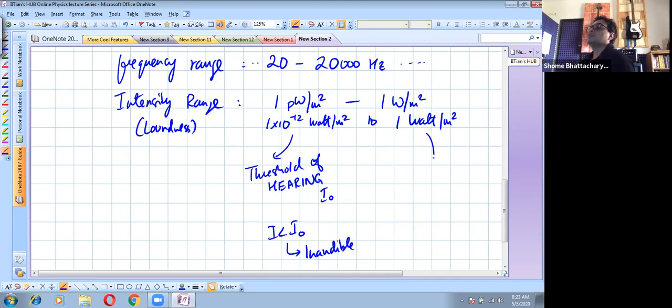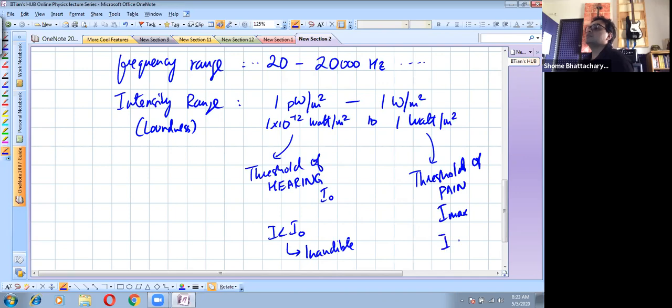But this one is called the upper limit, or the threshold of pain, which is also an important limit to understand. Typically denoted by I max.